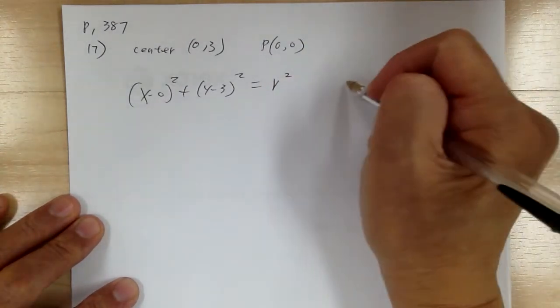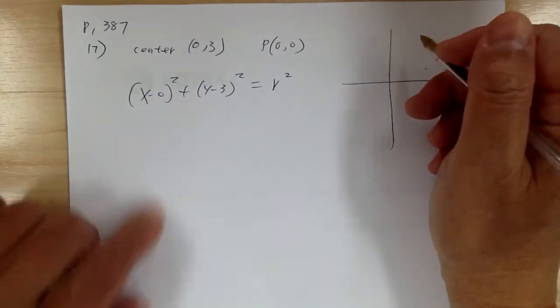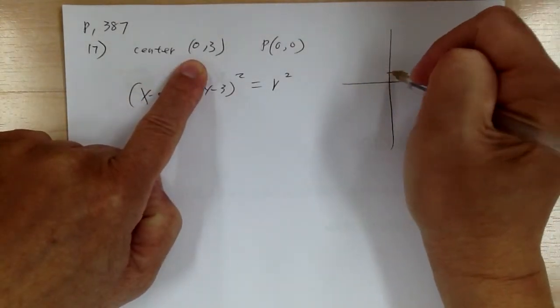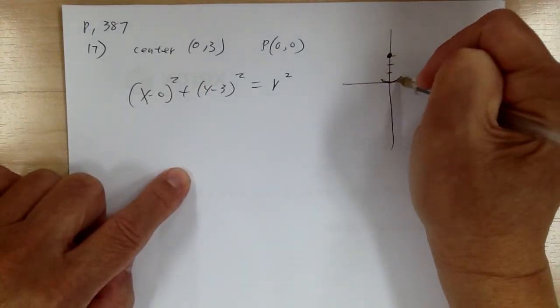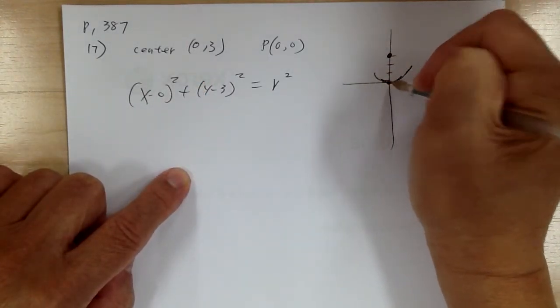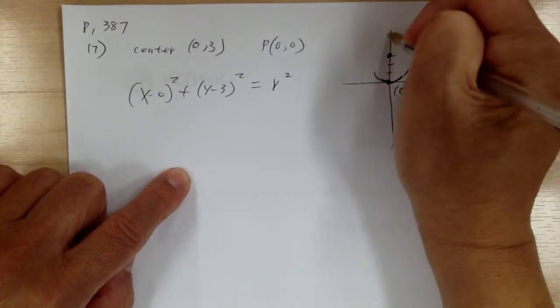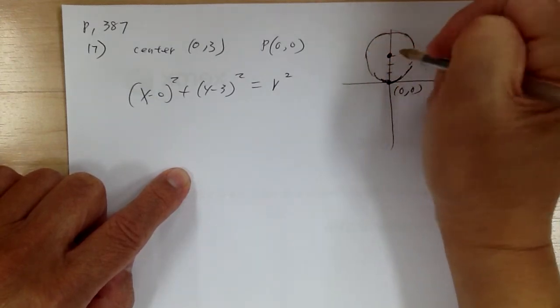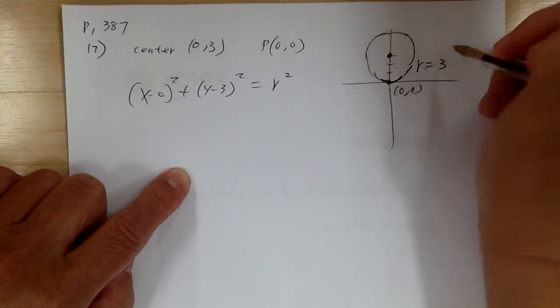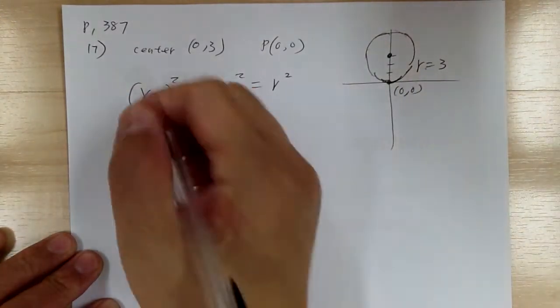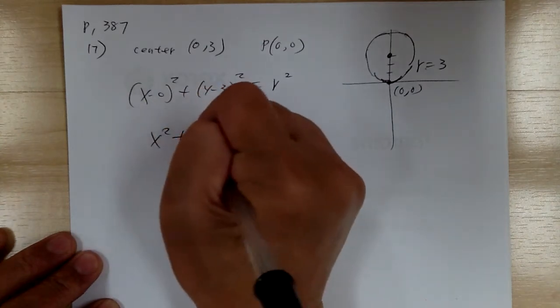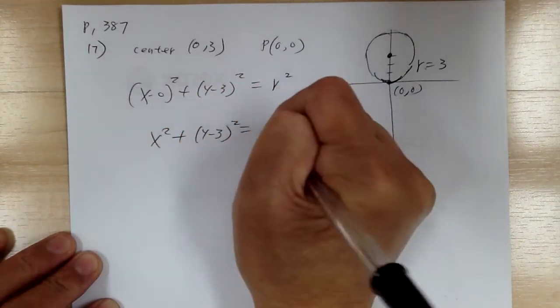The best thing to do is sketch it out. The center is at 0, 3, and it passes through this point 0, 0. By just looking at this picture, you can see that r equals 3. So you put this in here, and you're going to get x squared plus y minus 3 squared equal to 9.